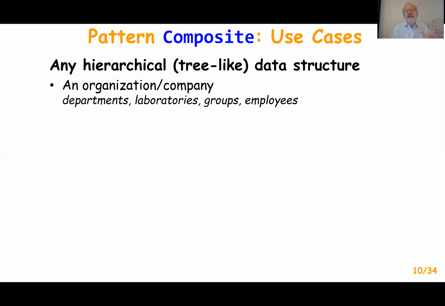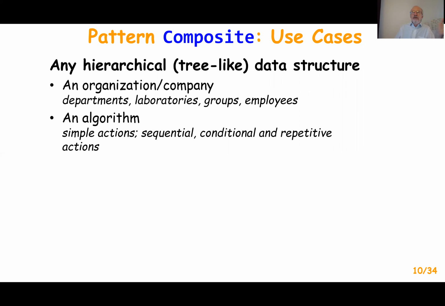Two next examples are closer to our IT area. Algorithm. Think about any algorithm that consists of some number of steps or actions. We can see different kinds of actions in any algorithm, starting from simple actions.